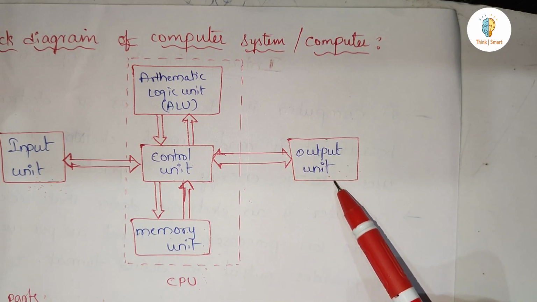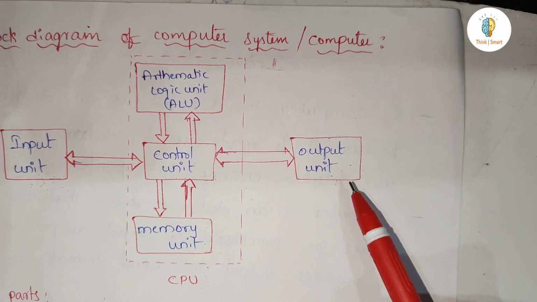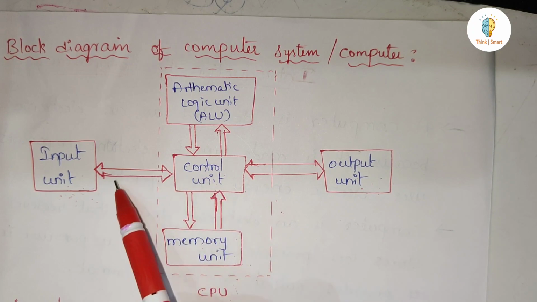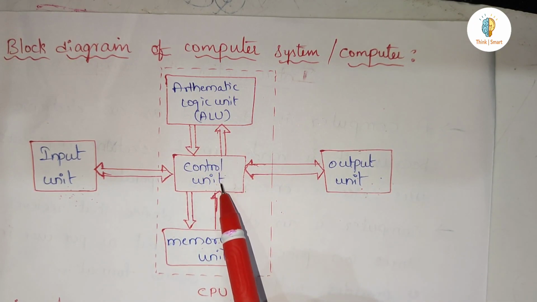Using output devices like monitor and printer, the output can be seen. Here, coming to the control unit, it is the unit where all the parts of the computer interact.